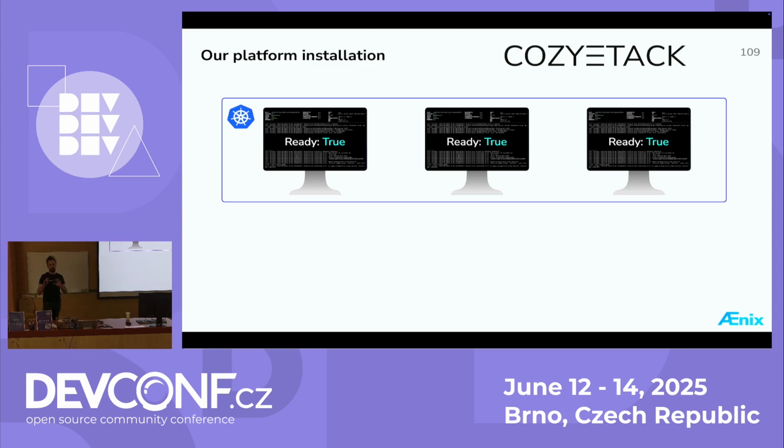So after you have the cluster, we need to deliver the components of the platform itself. And now I want to share how we actually do that. We give the user a single YAML file which they can apply on the created cluster. It will create a single container which contains Helm charts. And it also has a small shell script which will create a FluxCD installation on the same cluster.